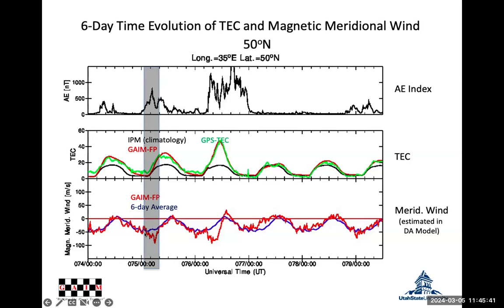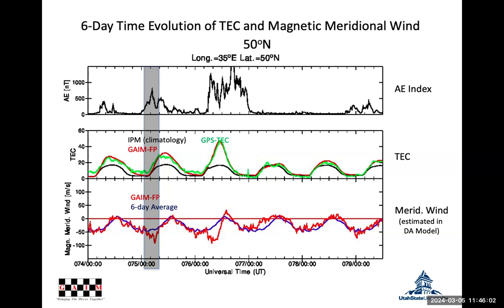The red curve is the output from the model, the blue curve is the 6-day average of these variations, and you see a negative excursion of the wind. Negative is a southward excursion.